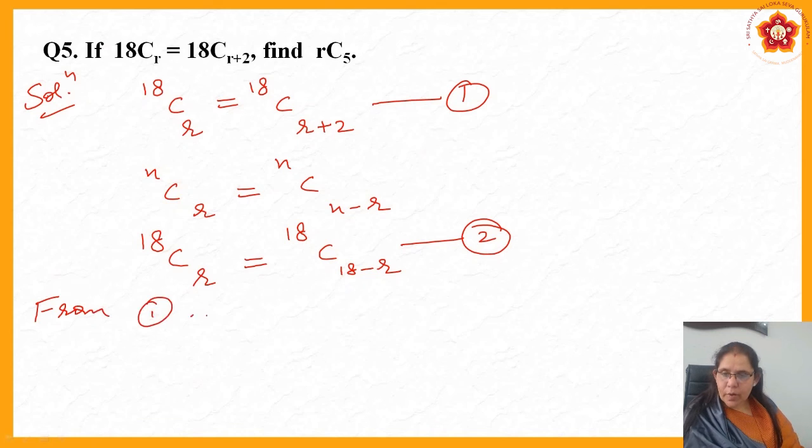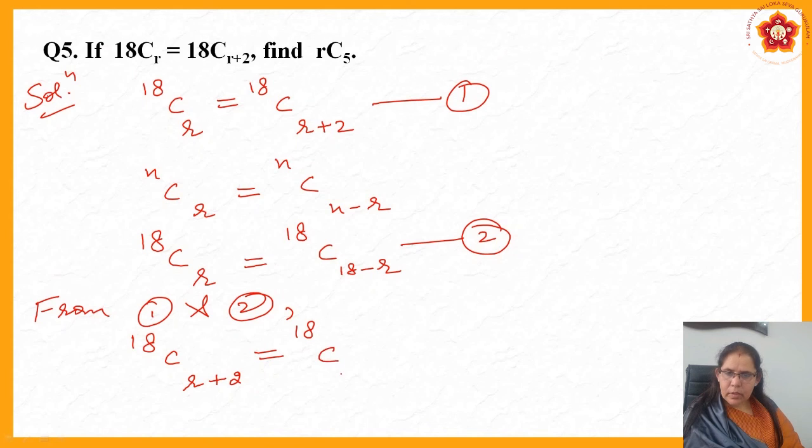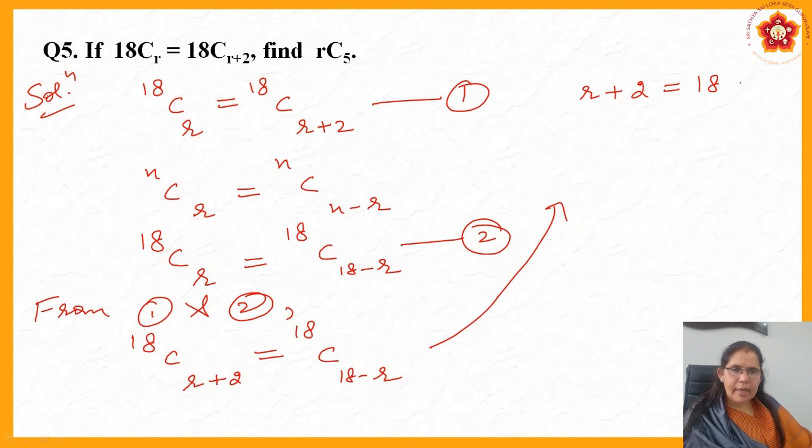Now compare equations 1 and 2. We can write down 18C R plus 2 is equal to 18C 18 minus R. From here we can write down R plus 2 is equal to 18 minus R. We just have to observe, and from there we can directly write R plus 2 is equal to 18 minus R. Let us solve it.